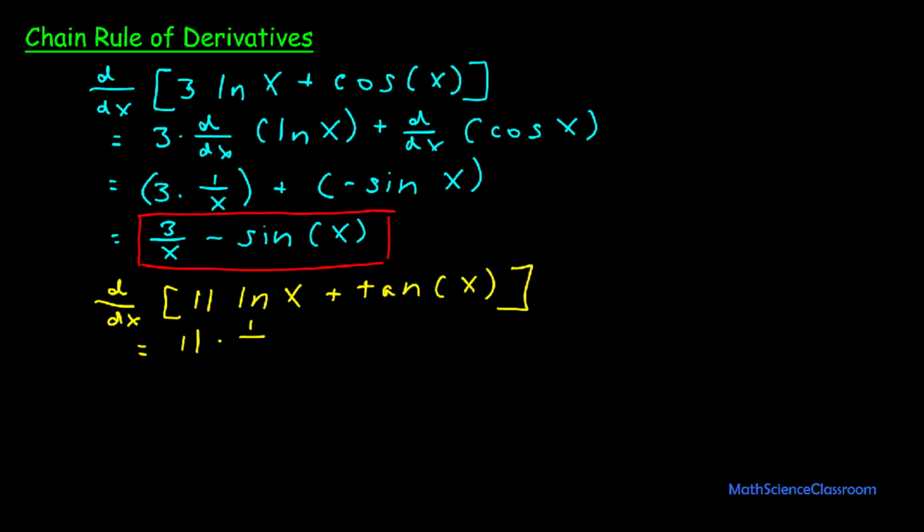And remember, 1 over x is the derivative of natural logarithm, plus the derivative of tangent, which is secant squared x, equals 11 over x plus secant squared x.